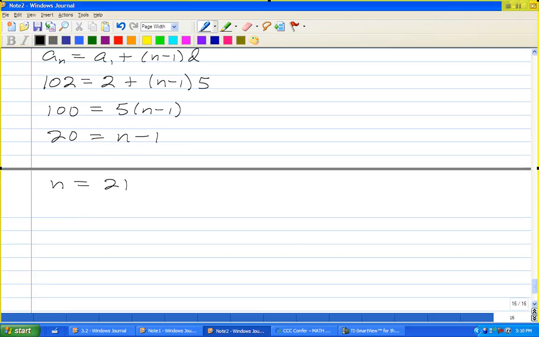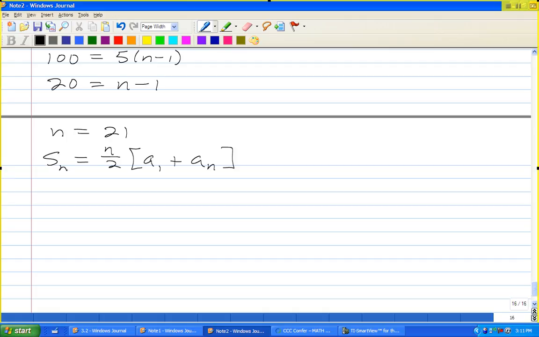Okay, so I know that the formula to find the sum for arithmetic series is the following: the sum is equal to n over 2 times a1 plus an. And so to find the sum of the first 21 terms, you get 21 over 2 times.